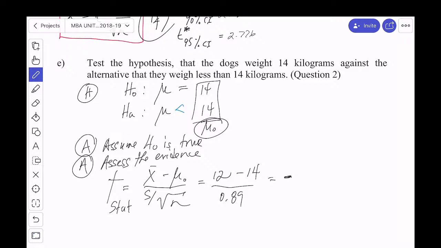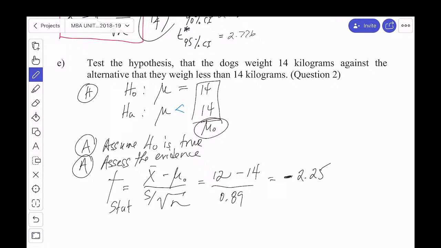So this is negative 2.25. So this means that this is 2.25 standard deviations below the hypothesized value.